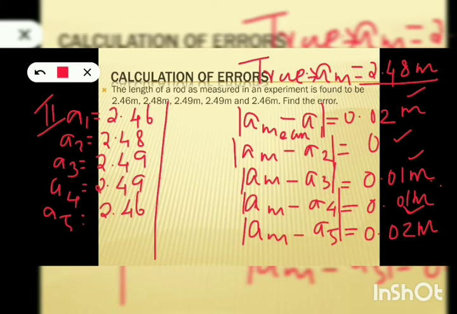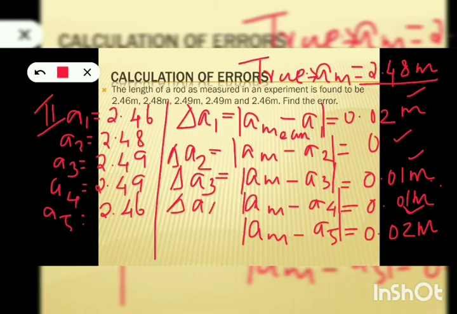The difference will always be positive. And we can denote this error as delta A. Since in the first case we are finding the error in A1, it is delta A1. In the next case we are finding the error in A2, so it is delta A2, and this is delta A3. This triangle sign represents delta. This is delta A4 and this is delta A5.